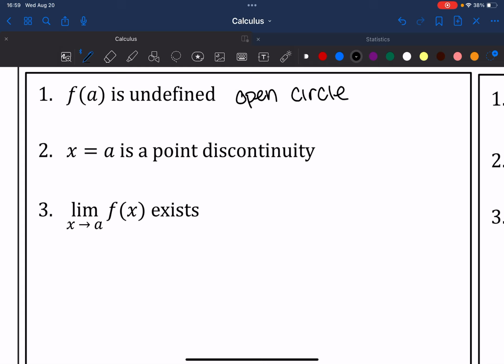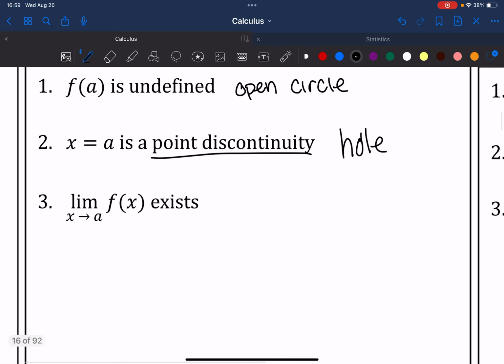The next one says x is equal to a is a point of discontinuity. That's another way to say hole. So now we're getting a little further. There is an open circle that we call a hole somewhere on our graph. And the limit as x approaches a exists, which means that we should get the same y value on the left and right side.